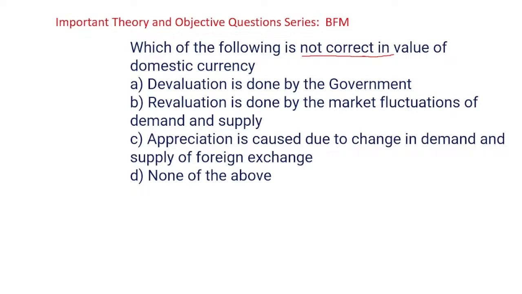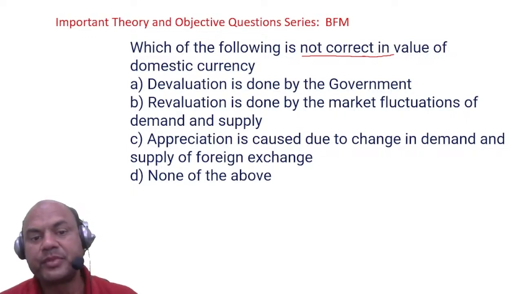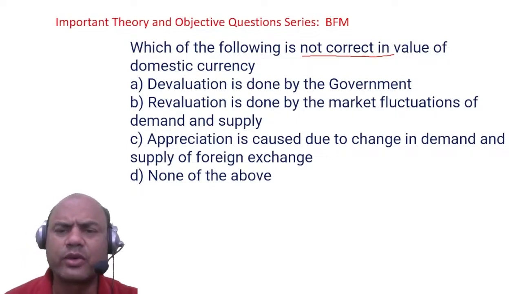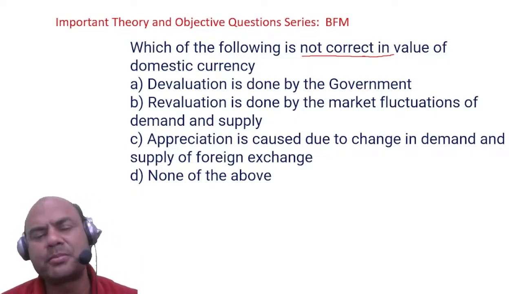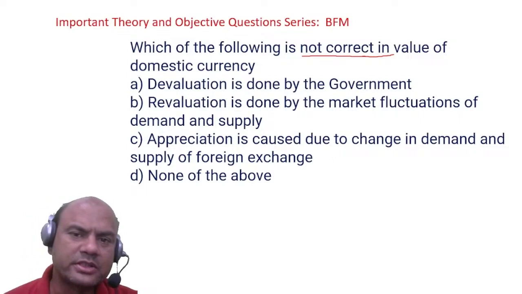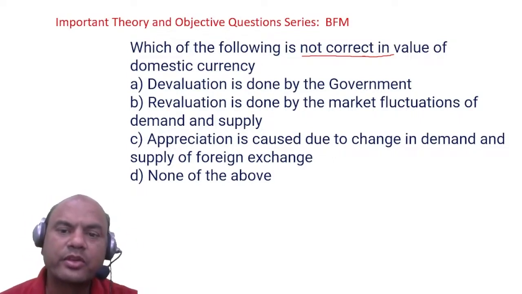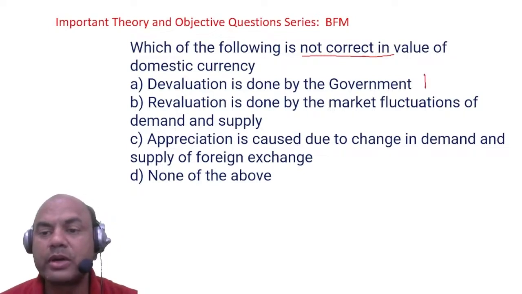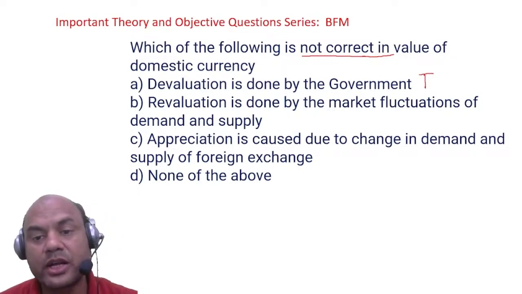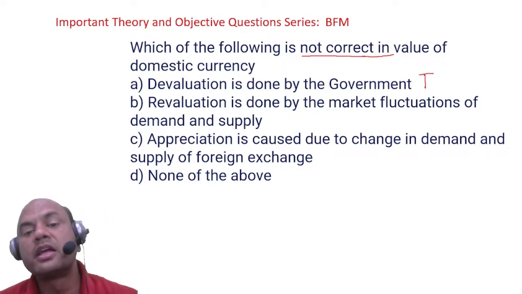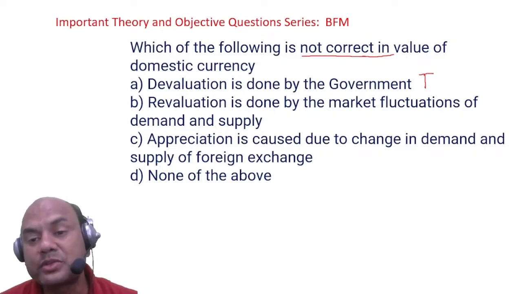What do you mean by not correct? Devaluation is done by the government. So is this correct? What did I tell you just now? Appreciation, depreciation is done by the market forces. Devaluation and revaluation is done by the government. So this is true, but I want false. So this is not the right answer for me. Revaluation is done by the market fluctuations. This is the catch.